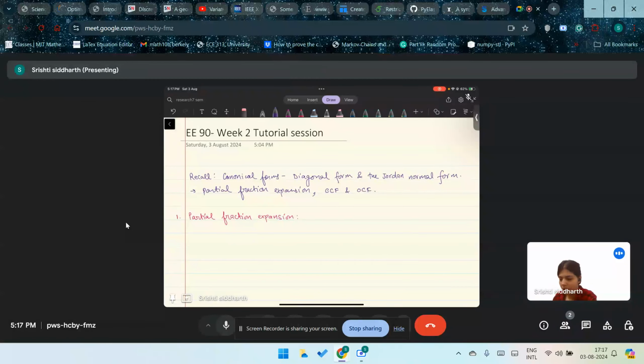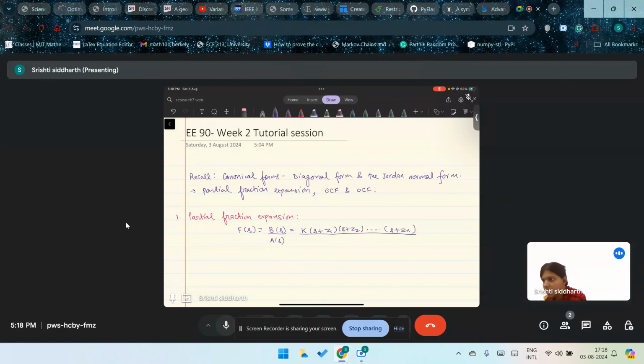Let's consider a transfer function F. It has some numerator and denominator, and this is expressed as some gain K times (s plus the first zero)(s plus the second zero), all up to m zeros.